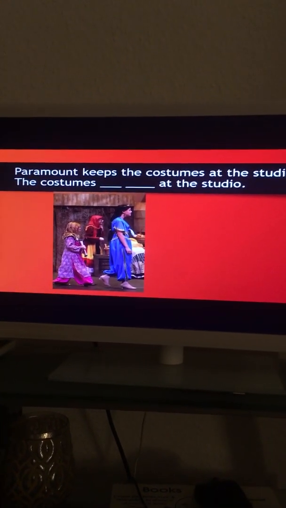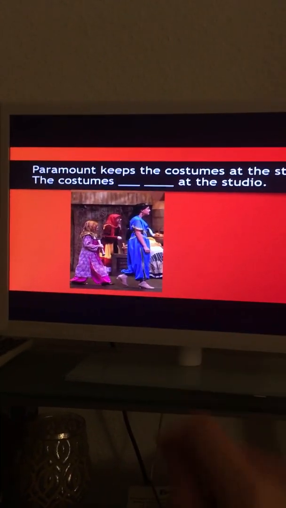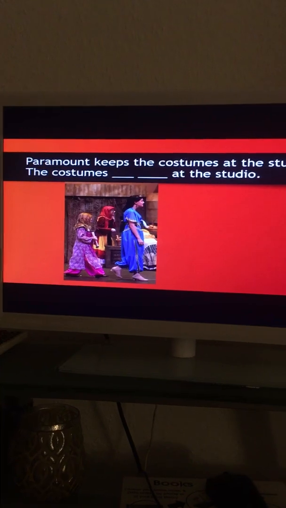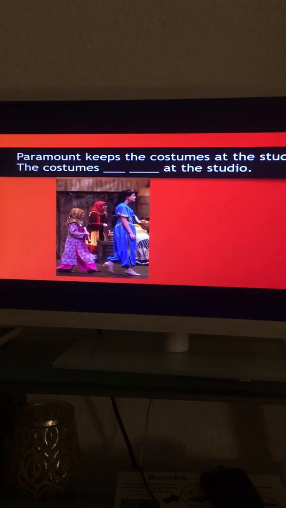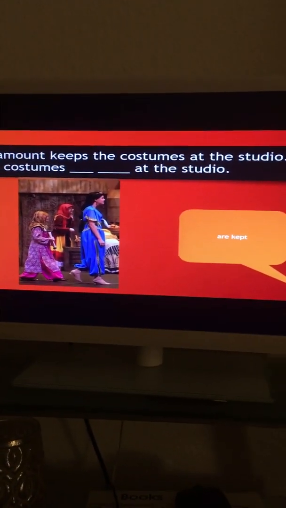The costumes, these costumes there, they are. So the costumes are, what's the third form of keep? Kept at the studio. Okay, let's have a look. Is Miss Cursed right? Are kept. So, the costumes are kept at the studio.